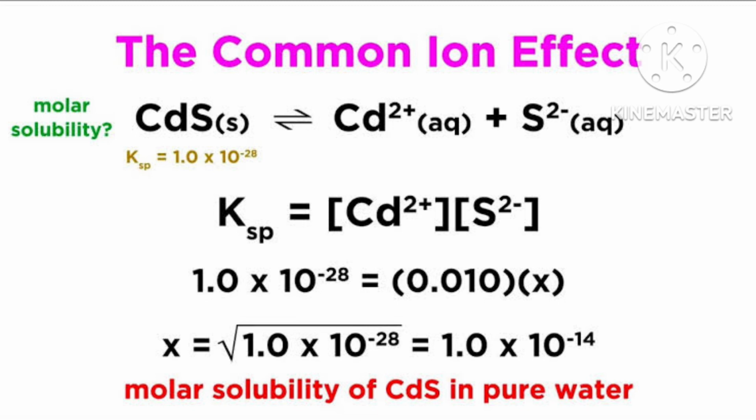Hence, after putting the value and solving, you will get 2 into 10 to the power minus 13. This is the S value you got, that is the solubility of nickel. After solving, whatever you get is the solubility for the nickel ion.